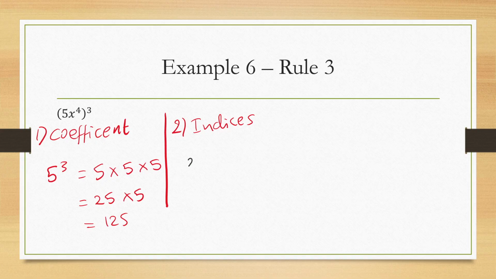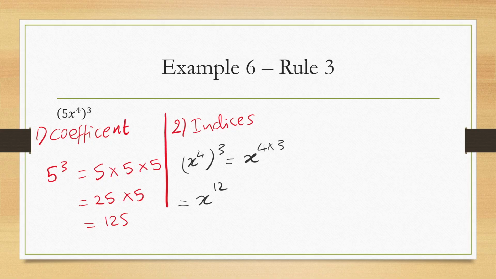The indices, the x to the power of 4 bracket to the power of 3. So when it's being powered, you do x to the power of 4 multiplied by 3, because the indices multiply. Which is the same as saying x to the power of 12.